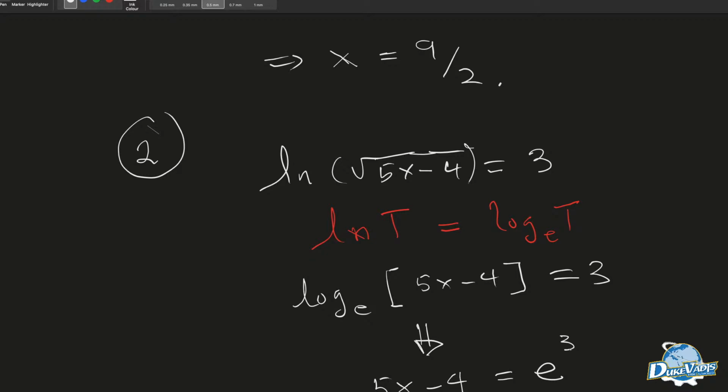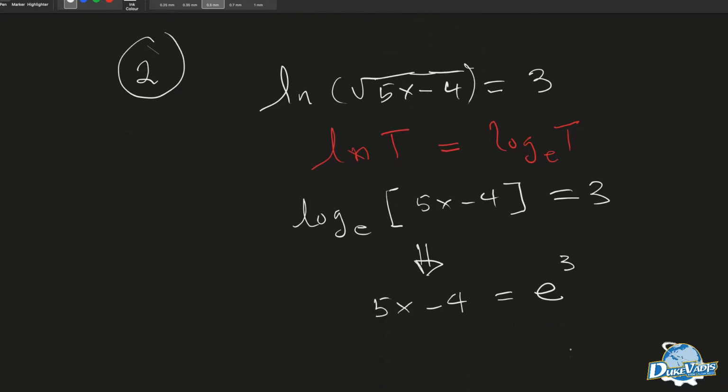If we want to get rid of the log, once again we will say that 5x equals 4 plus e to the power 3.